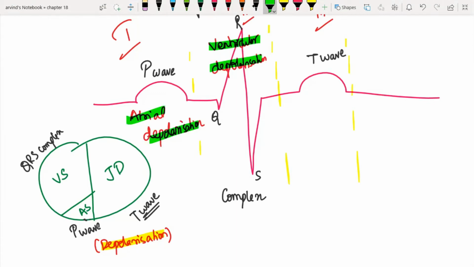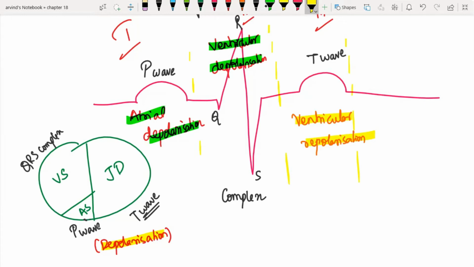Now coming on to the T wave. The T wave is going to represent ventricular repolarization. So when I try to inactivate a muscle, meaning when I'm trying to relax a muscle, that is called repolarization. So P wave, atrial depolarization; QRS complex, ventricular depolarization; T wave, ventricular repolarization.